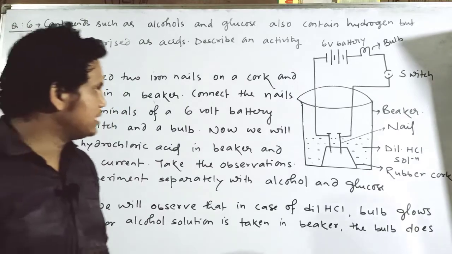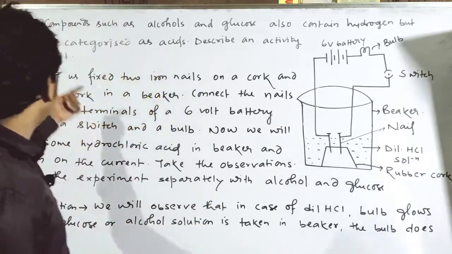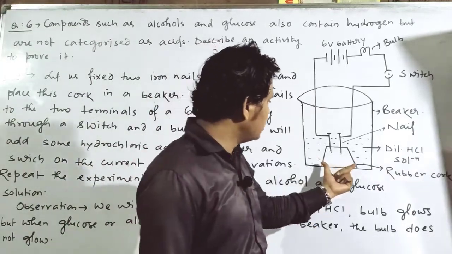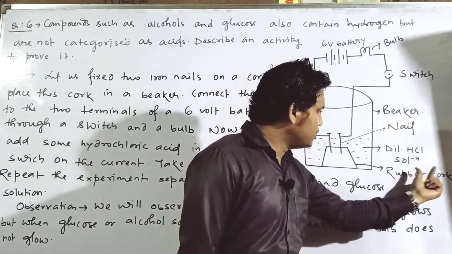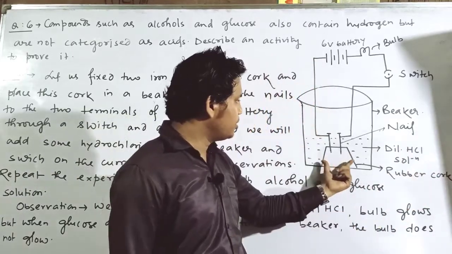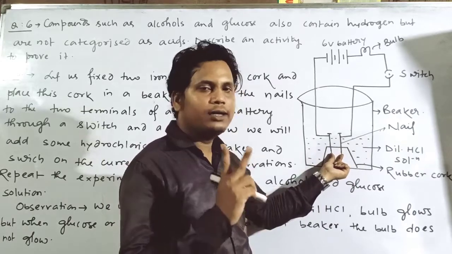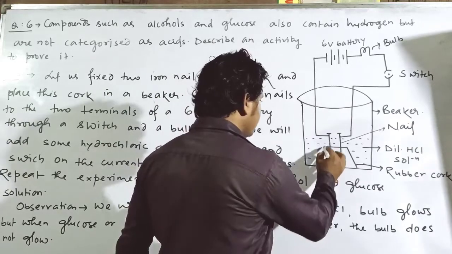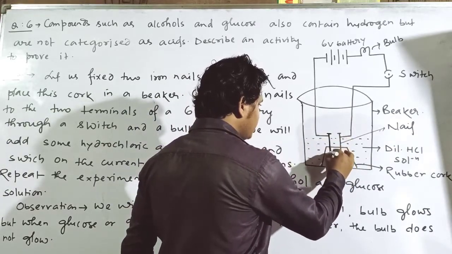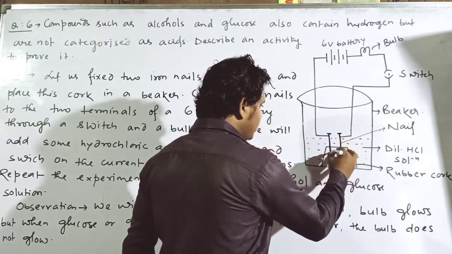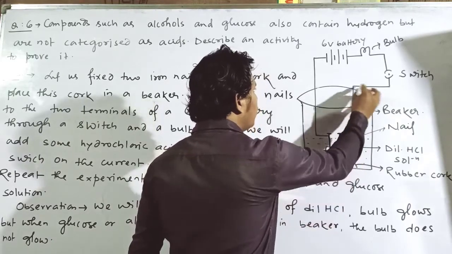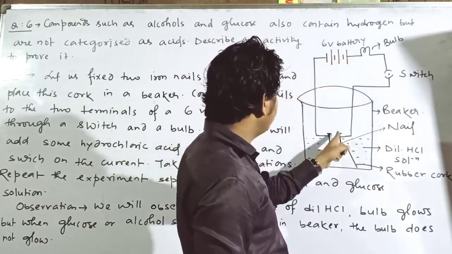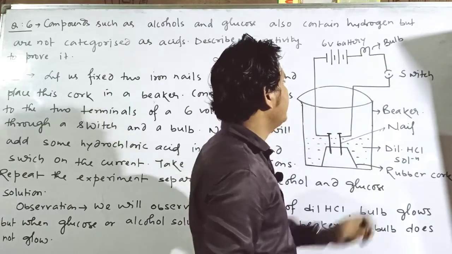For the proof of this, we have to describe an activity. For that, we consider one rubber cork. In the rubber cork, we have fitted 2 iron nails. These 2 iron nails are joined with wire, and they are connected to a 6-volt battery as well as a switch and a bulb.